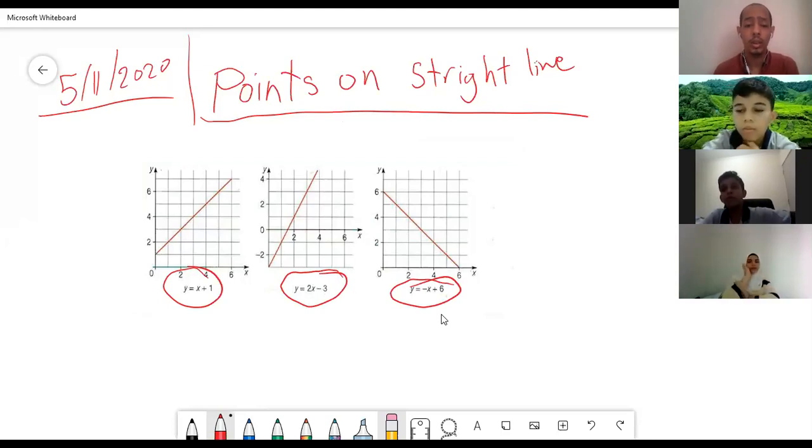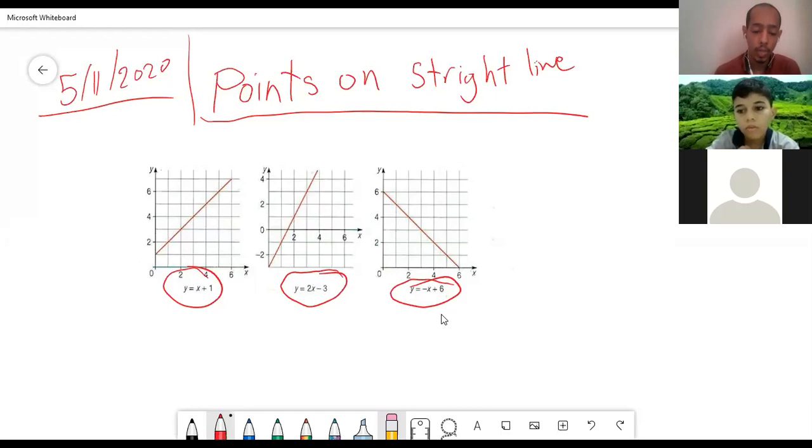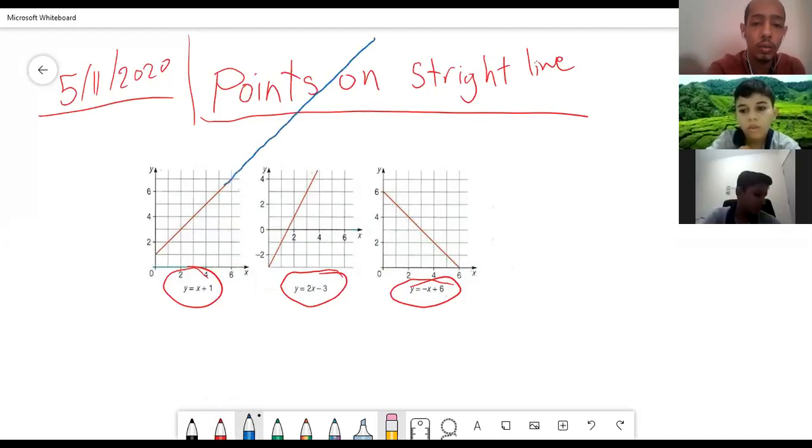Yesterday we said that a straight line has an infinite number of points on it, right? Also, this straight line can be extended forever from both sides. So we are going to have the same line.